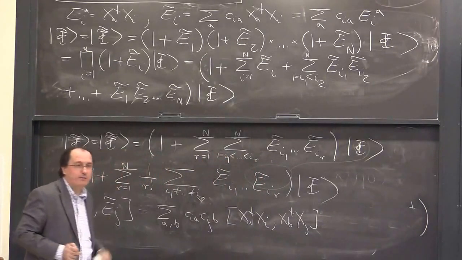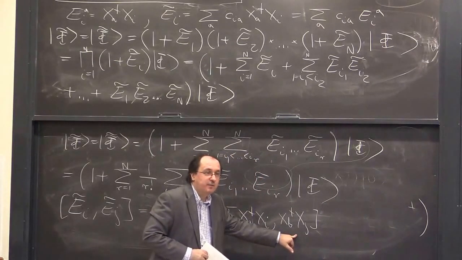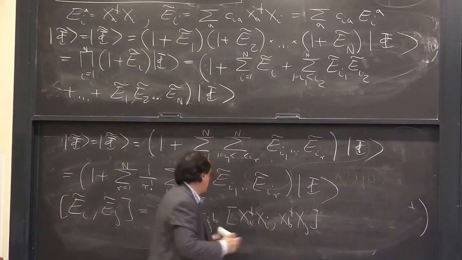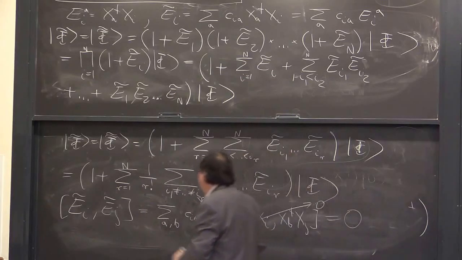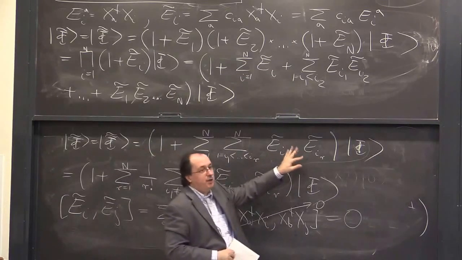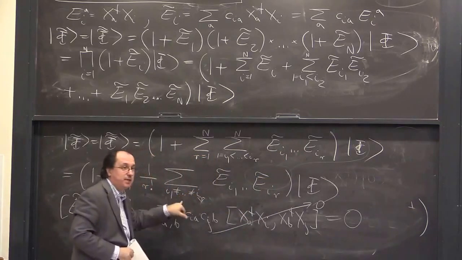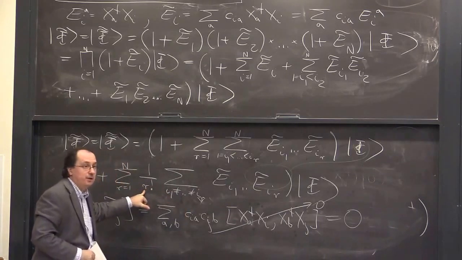I hope I don't have to spend more time on it. You know that this commutator is 0, because this pair commutes with this pair. If it's 0, then I can write these operators in any order, and by simply writing them in various orders, I end up with various permutations, and that's what this represents. But to avoid repetition, I have to include 1 over R factorial.